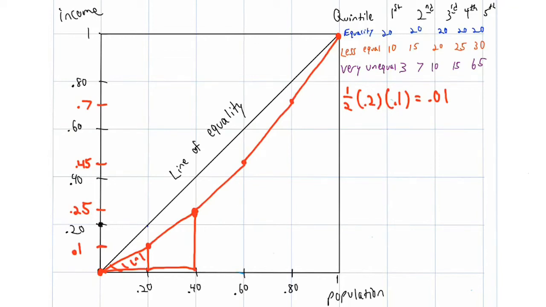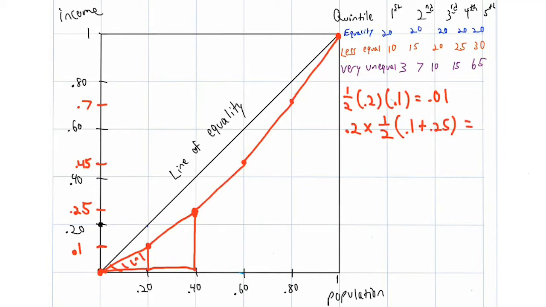Now, notice, if you look at these numbers that you have put on your income axis, those are going to be numbers that pop up in your calculations. So the width here is 0.2, and we're going to multiply that by the average of 0.1 and 0.25.